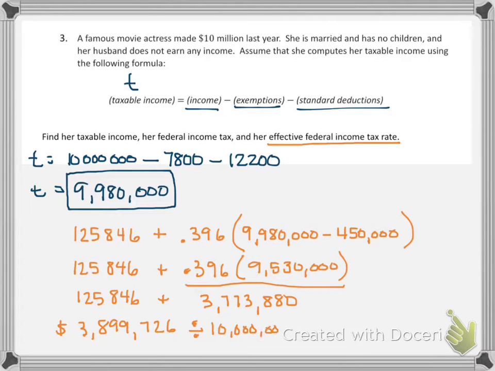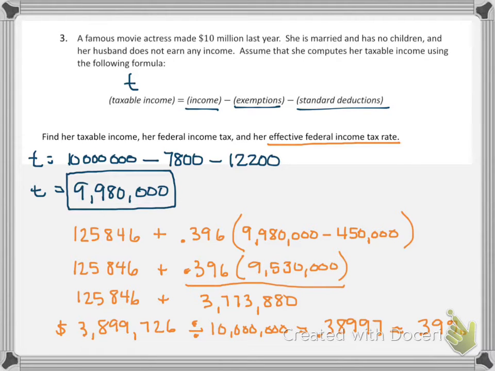When we do that, we get a decimal that we can change to a percent. 3,899,726 divided by 10 million is equal to 0.3897, which is approximately 39% of her money going to the government.